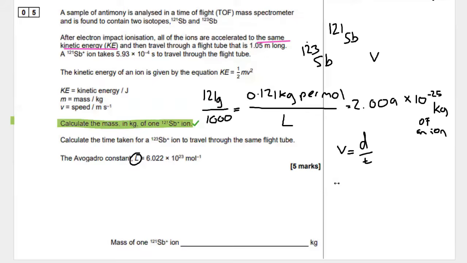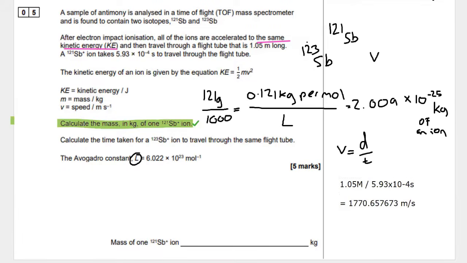So let's divide 1.05 meters by 5.93 times 10 to the minus 4 seconds. We get a velocity of 1770.657673 meters per second.